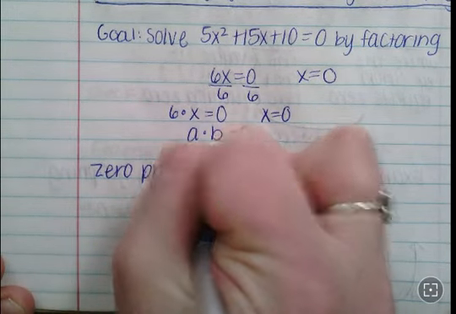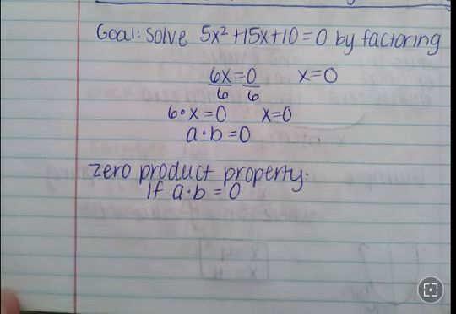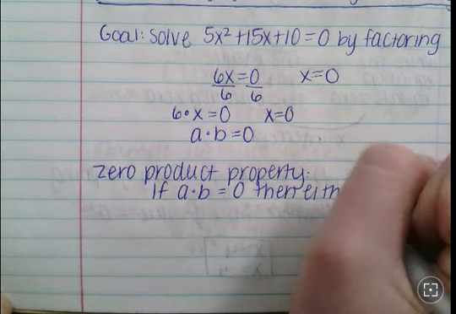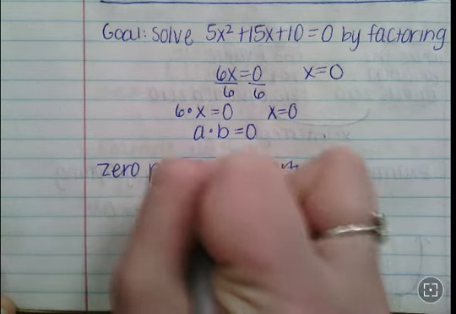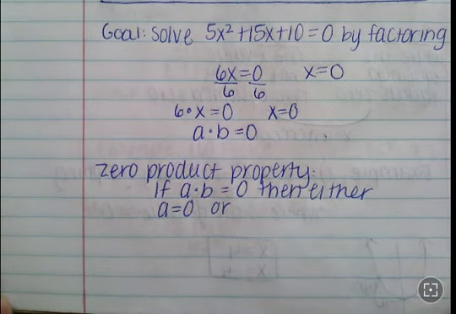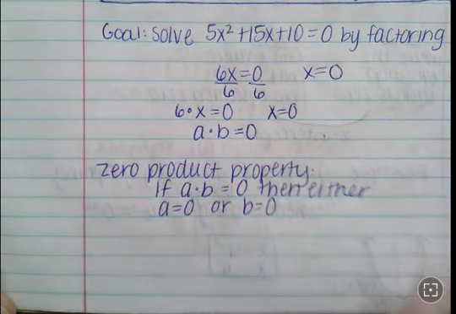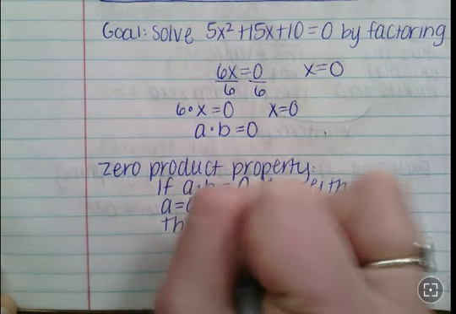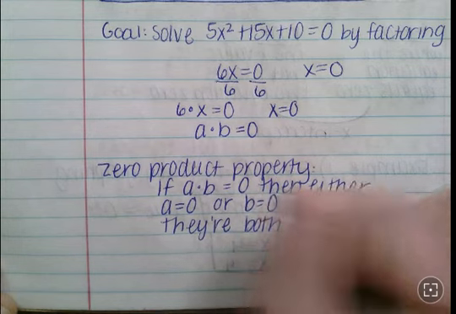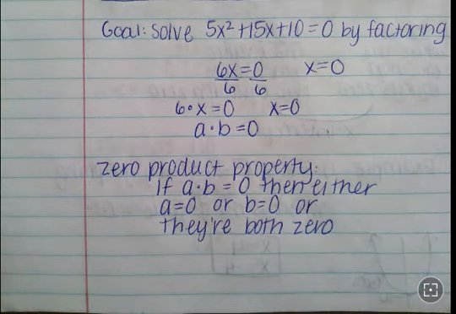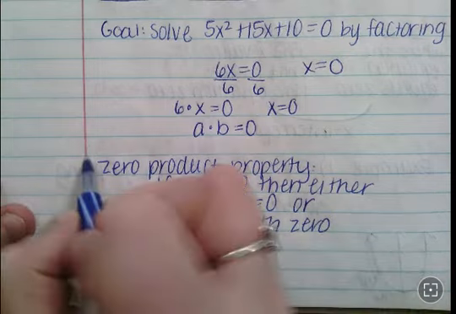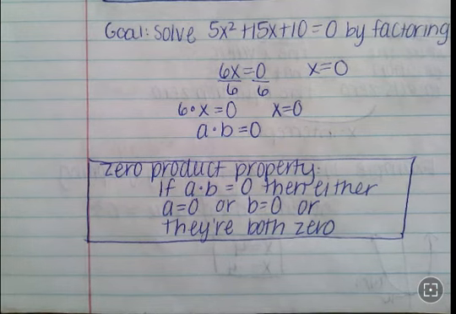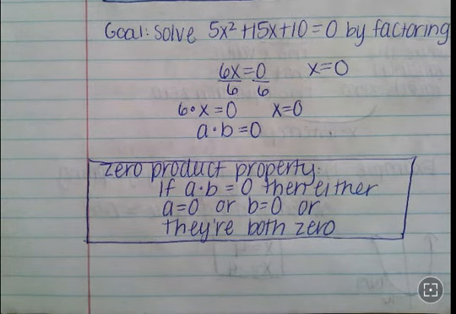If a times b equals 0, then either a equals 0 or b equals 0 or they're both 0. Okay? That's what the zero product property says. It says if you have a product of two numbers and their product is 0, then either one of them is 0 or they're both 0.